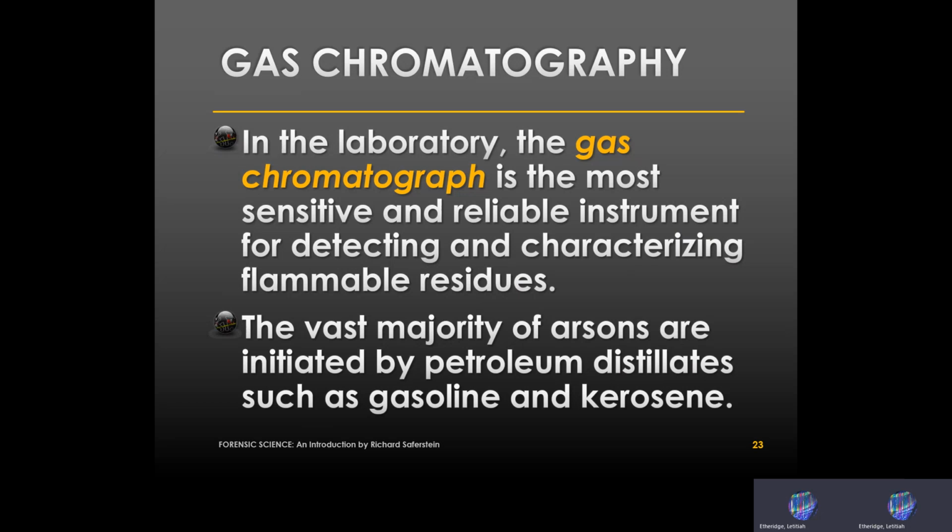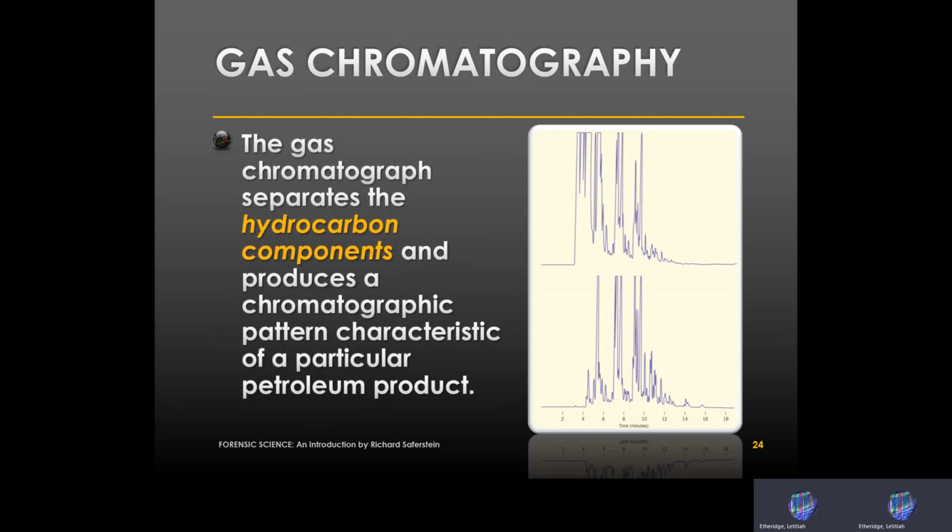But a majority of the arsons are going to involve petroleum distillates. So we're talking about gasoline, we're talking about kerosene. What the gas chromatography machine does is it separates the different hydrocarbon components, and it produces a visual pattern or picture of that particular petroleum product. Every type of petroleum product has its own snapshot, what it looks like in the gas chromatography machine.